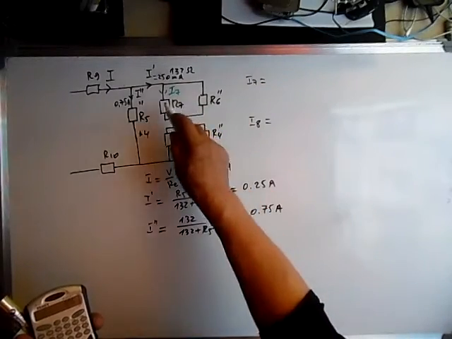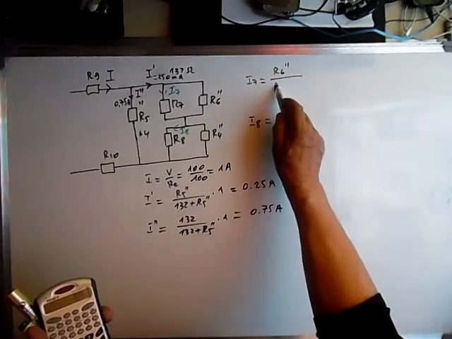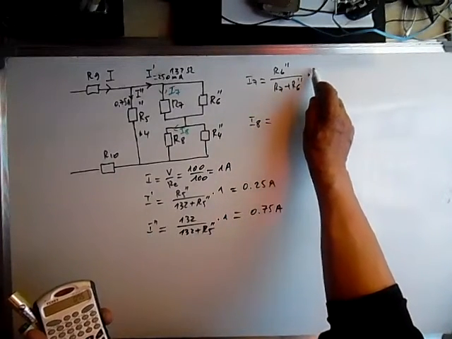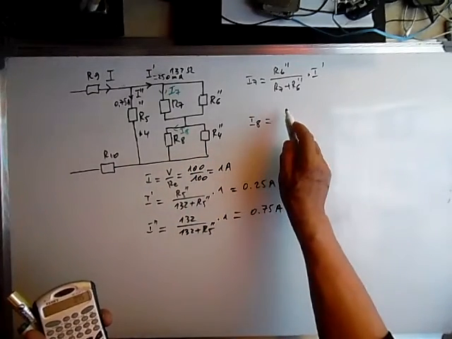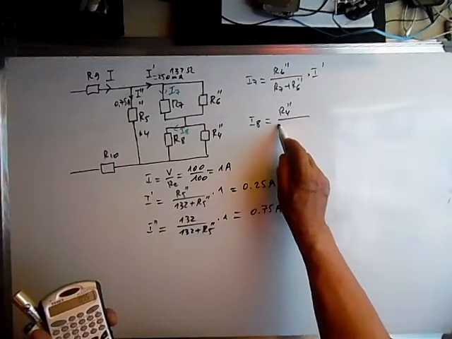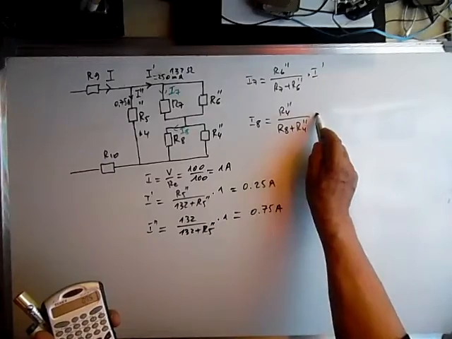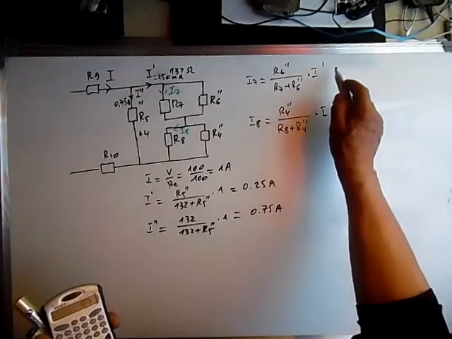I7 will be R6 2 prime over R7 plus R6 2 prime times I prime, and this I8 will be R4 2 prime over R8 plus R4 2 prime times this current, which is 250.